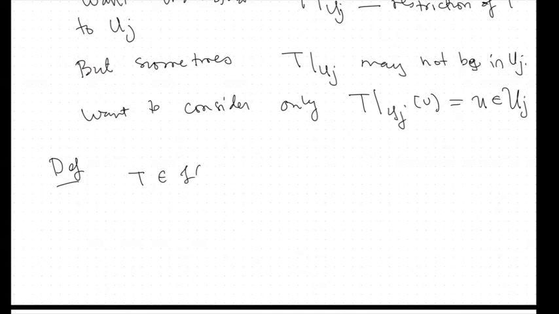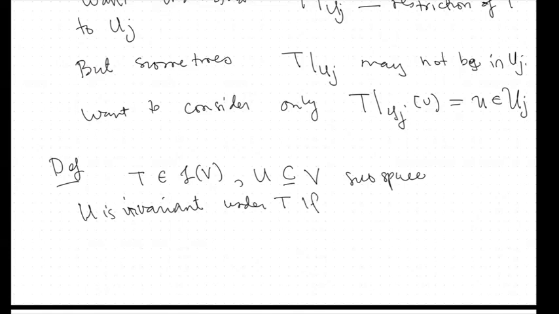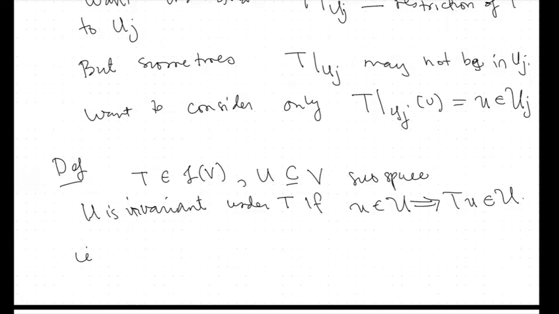So suppose we get a linear map T on V, and then we get a subspace U. U is invariant under T if u in U implies T applied to u is also in U. In other words, T restricted to U is an operator on the subspace U here.